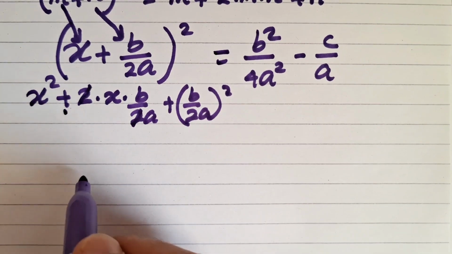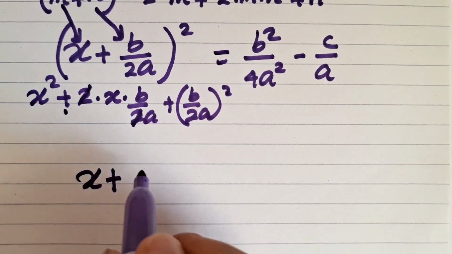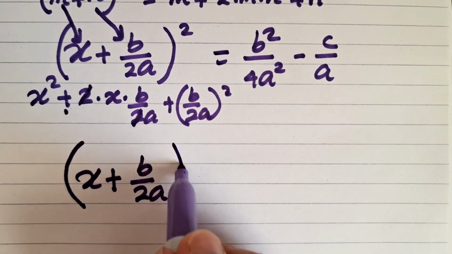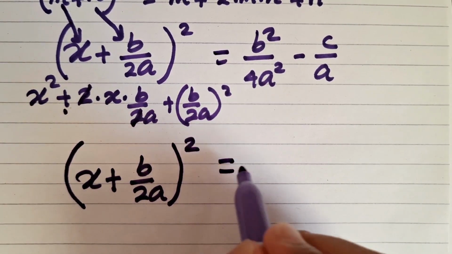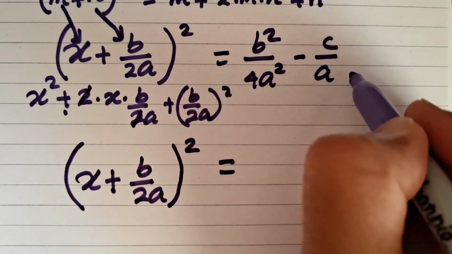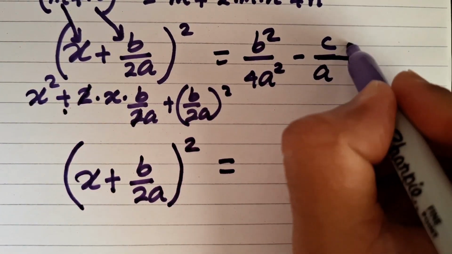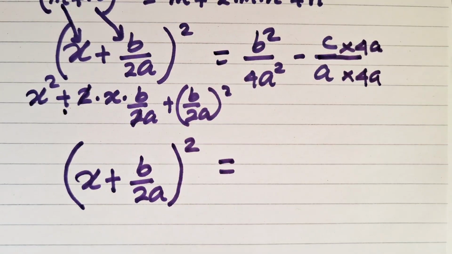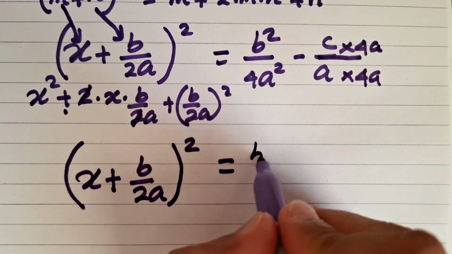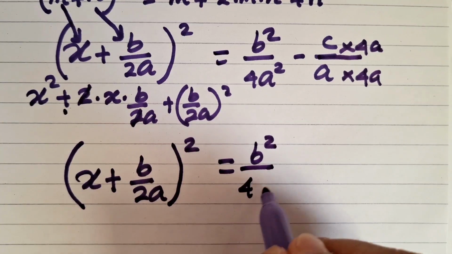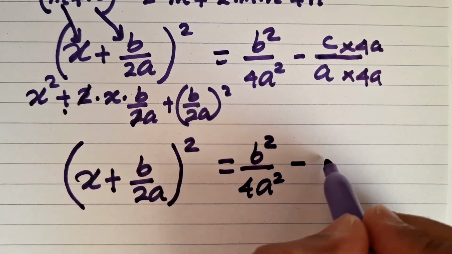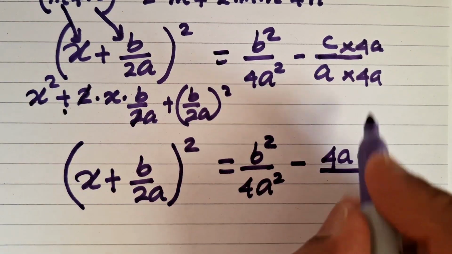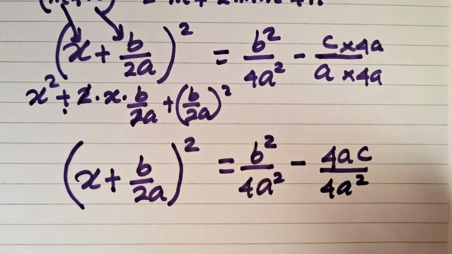So now we have x plus b over 2a whole to the power 2 equal to, here I'm going to multiply both numerator and denominator by 4 times a. Now we have b squared over 4a squared minus 4 times a times c over 4a squared.